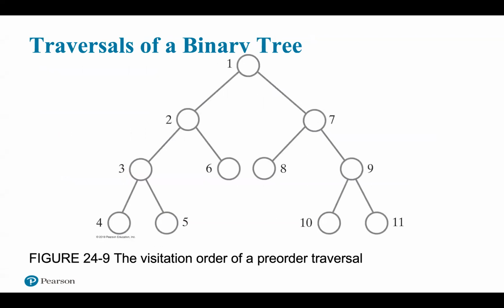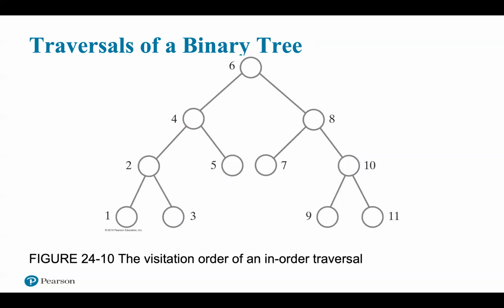So here in Figure 24.9, the numbers on the nodes of a binary tree show the order in which the pre-order traversal visits them. After first visiting the root, we visit the nodes in the root's left subtree. Since the subtree is a binary tree, visiting the nodes in pre-order means that we visit the root before visiting its left subtree. The traversal continues in this recursive manner until all the nodes are visited.